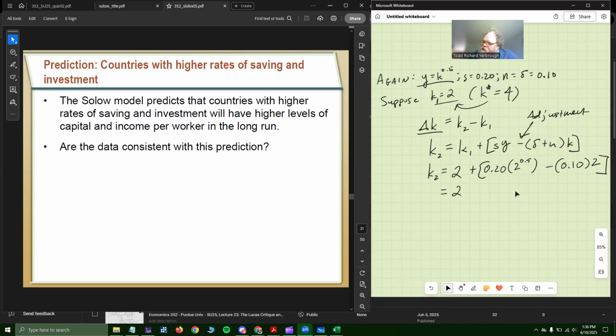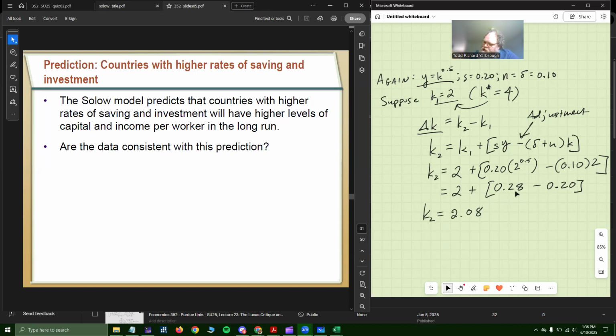2 plus, let's see, the square root of 2 is 1.4. 20% of that, I'm going to round a little bit, would be 0.28, and then minus 0.2 here. And so therefore we get 2.08.